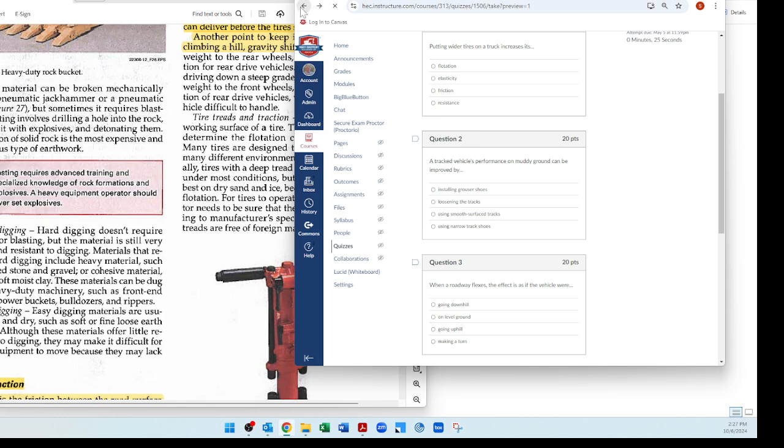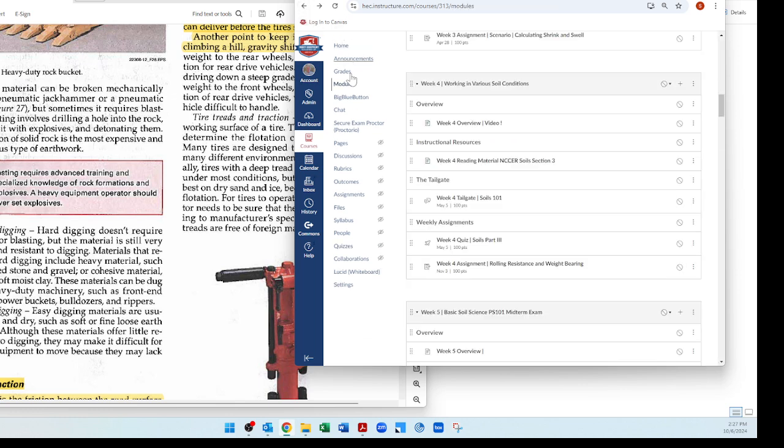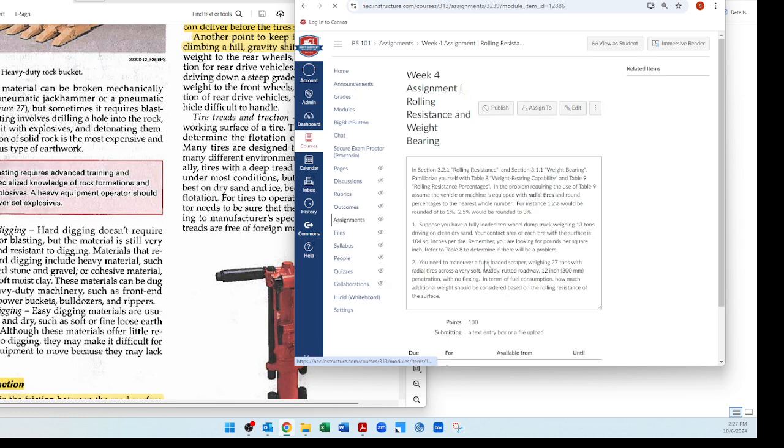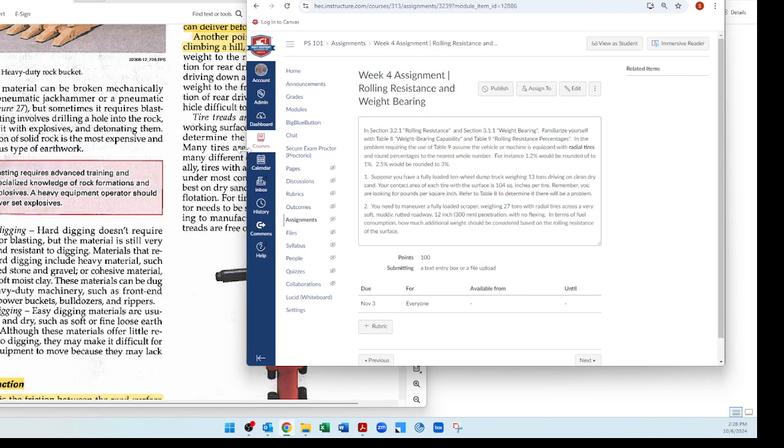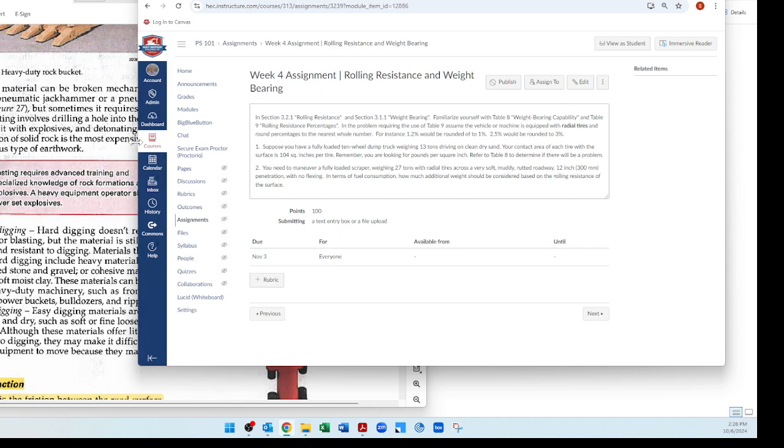Let me see if I can get back to the little bit more intense reading material. Now, this assignment, I think I have it written down, and so I will read it. Let's see if I can help this. Oh, yeah, I can.